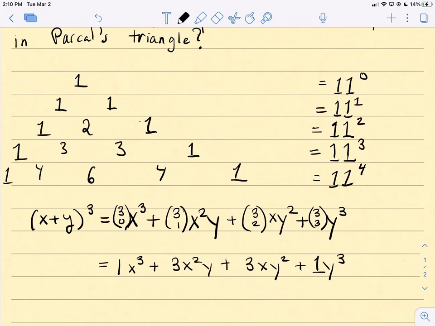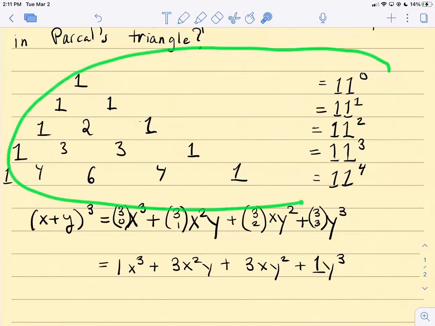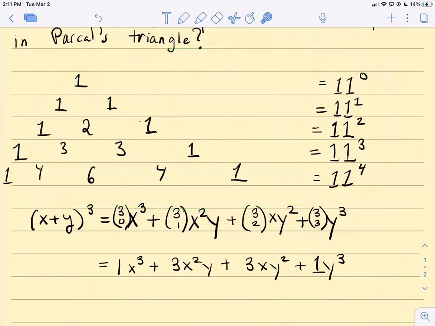Can anyone think of 2 interesting numbers that you can plug in to try to understand this pattern? There are 2 very special numbers, one number for x and one number for y, that you can plug in that would explain why the powers of 11 show up. I'll give you a little bit of time to think about it.